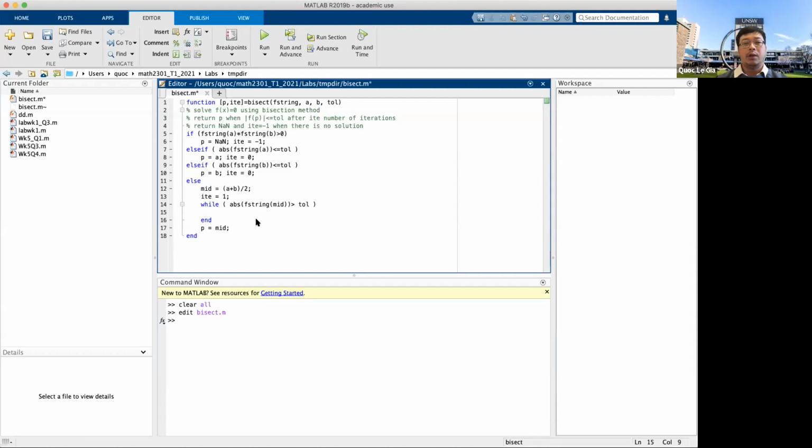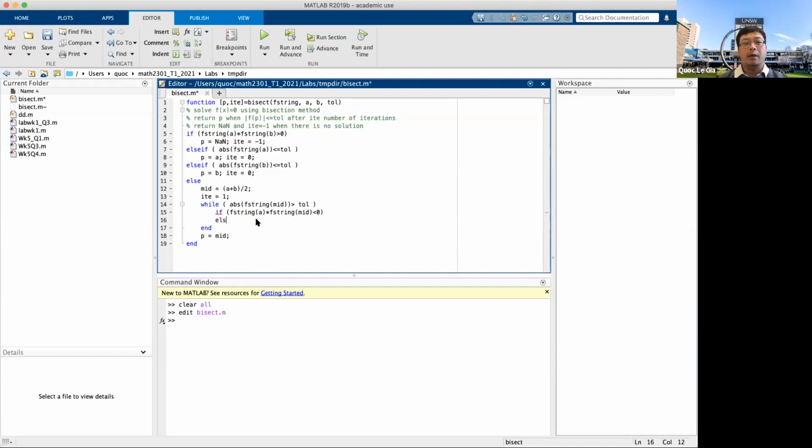So now you check the left intervals, whether the function has opposite sign. If it's opposite sign, then what do you do?